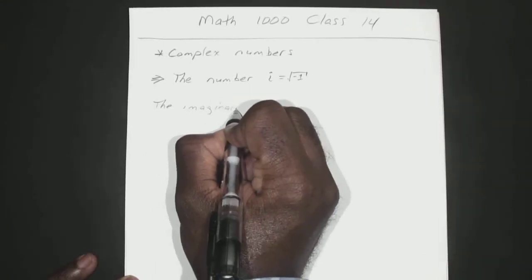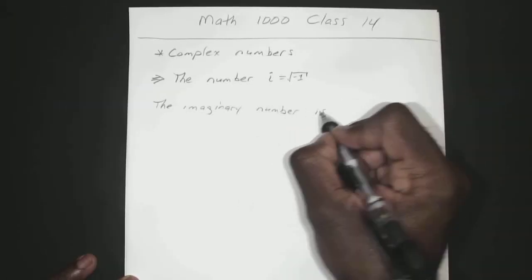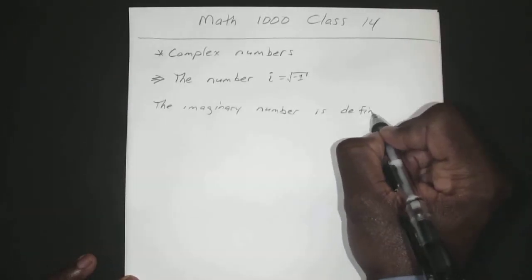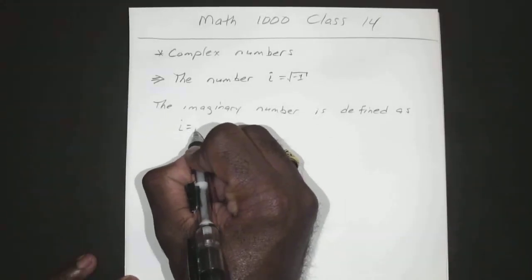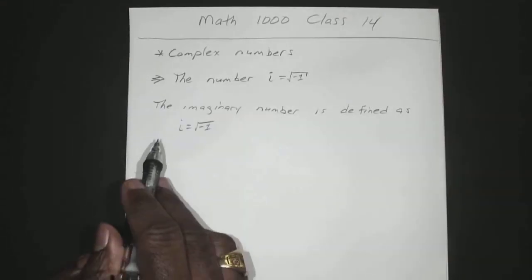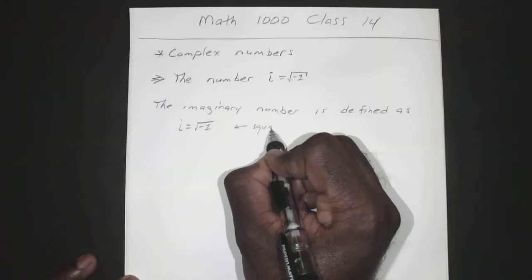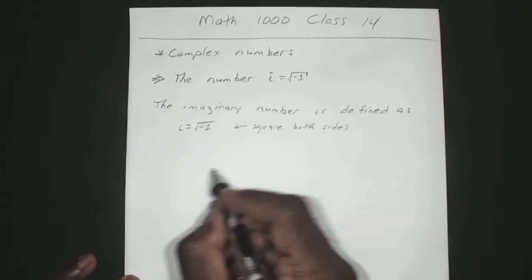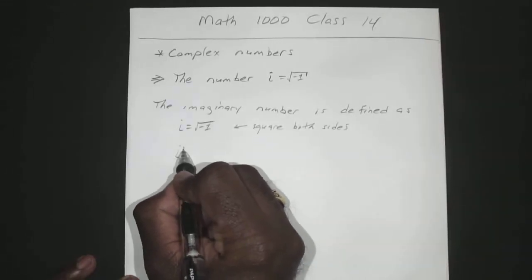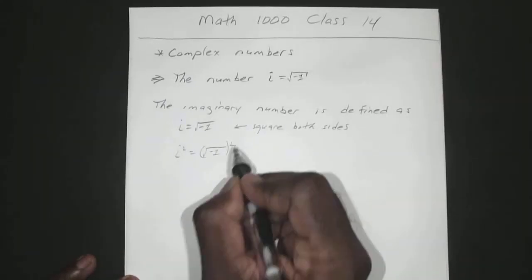Okay, so the imaginary number is defined as i equals the square root of -1. But if you square both sides, you get i squared equals the square root of -1 squared.